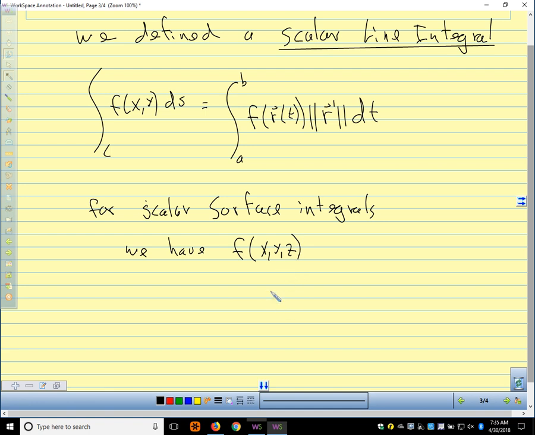And we could think of that function as a mass per unit area, charge per unit area, the blue pixel saturation per unit area, some function of the area. And we're going to multiply that by our little piece of area, dS.